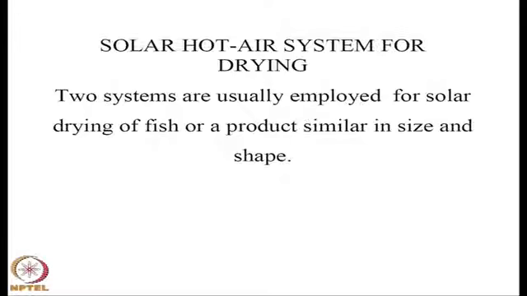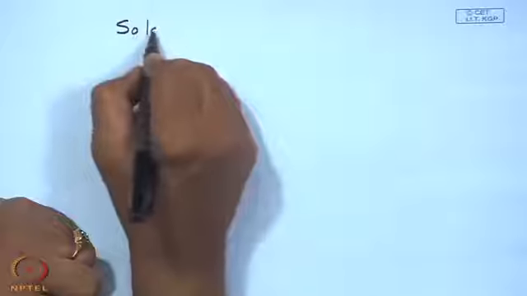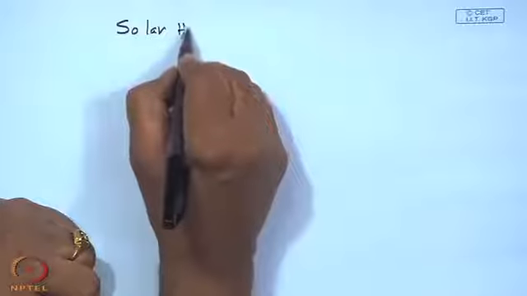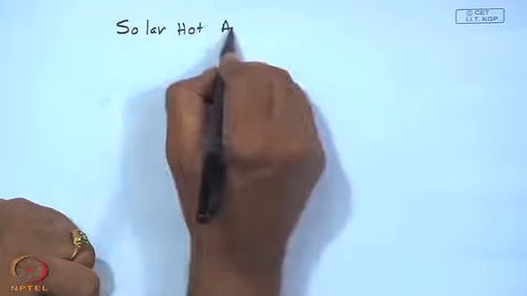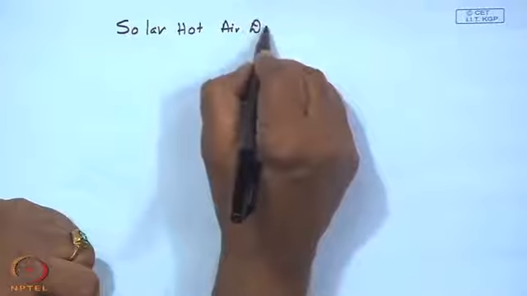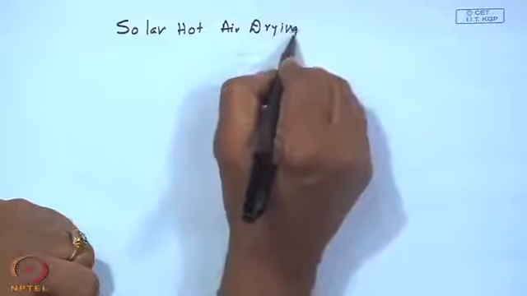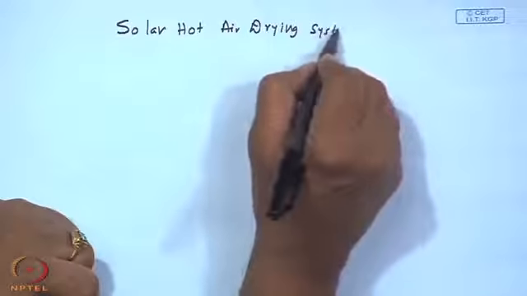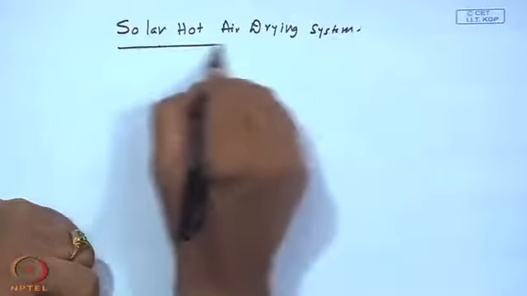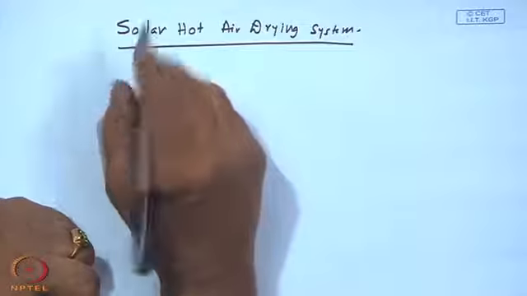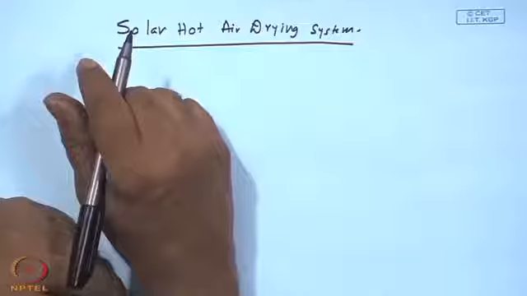So, we may talk about a solar hot air drying system. Invariably, whether it be a direct gain window or a trombe wall or a greenhouse, essentially it is an air based system.